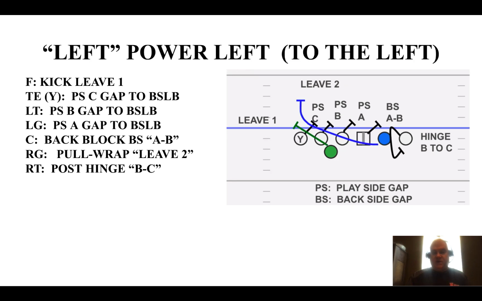This set right here, we have a left call. Left indicates the tight end is attached to the line, and the fullback right here is in a strong position. And again, the way we're going to set up our power, the fullback will be on the side that we're running to.